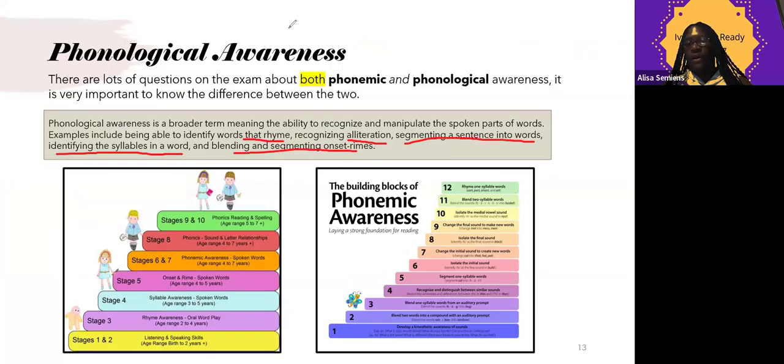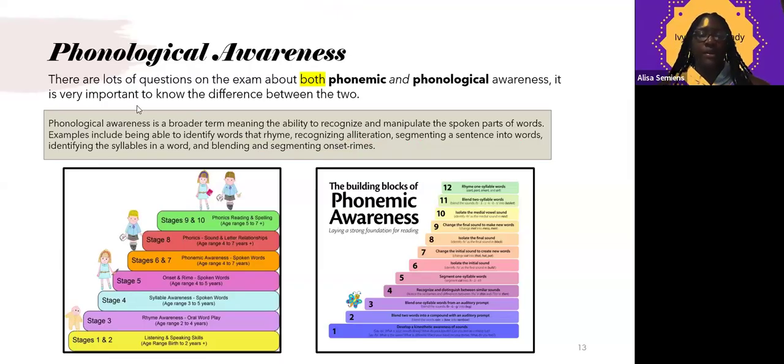So when you look at a word, the onset is the initial sound of that word. Everything else would be the rhyme, onset and rhyme. Alliteration is the repetition of consonant sounds. So Peter, Piper, pickle, pan, right? That's alliteration.